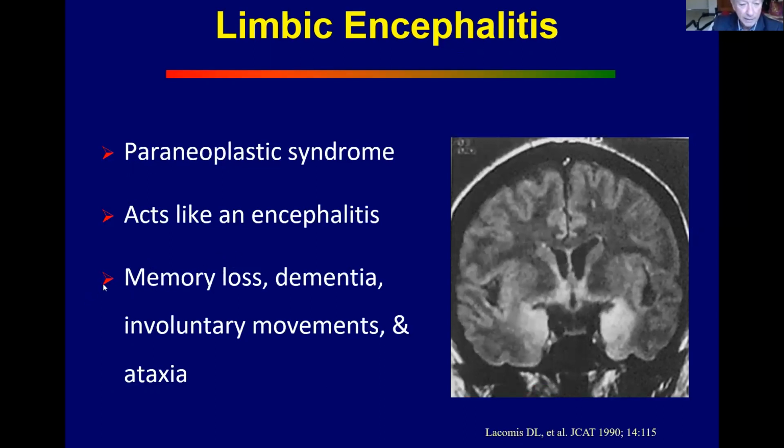It's characterized by memory loss, dementia, involuntary movements, and ataxia. And in the images, you look for abnormality in the limbic system. And here, bilateral involvement of the medial temporal lobes, region of the hippocampus, and also abnormal signal in the region of the hypothalamus around the third ventricle.